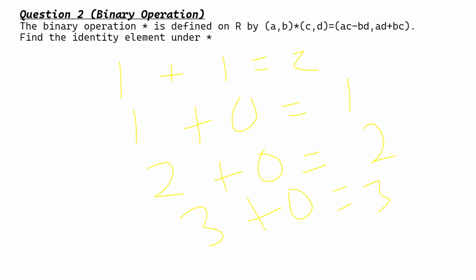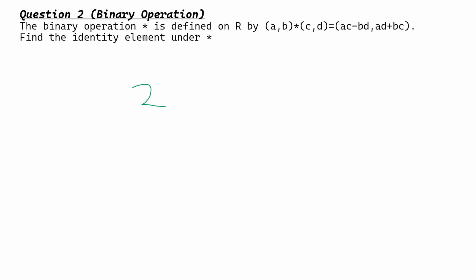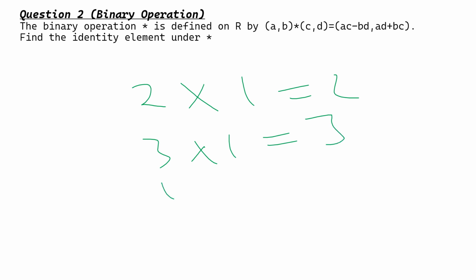Very good. What about multiplication? Multiplication too has an identity element. So for multiplication, anytime you have a number being multiplied by 1, you get the same number. So 3 times 1, you get 3. 4 times 1, you get 4. So the identity element gives you that same number when you operate with it.